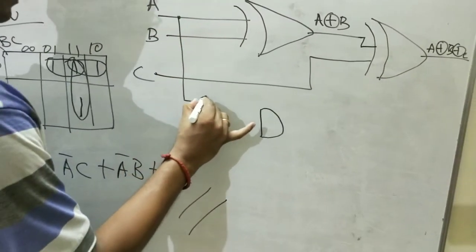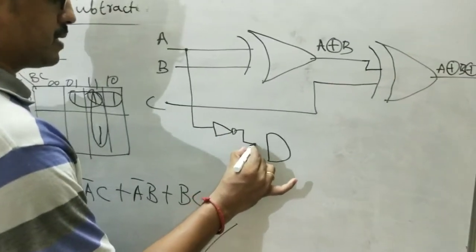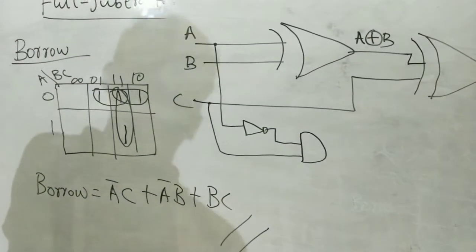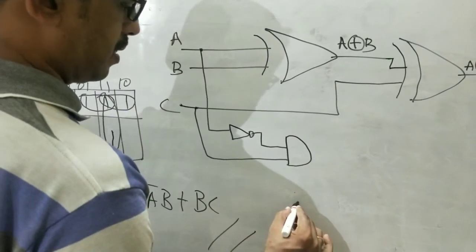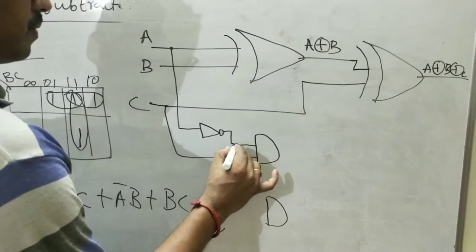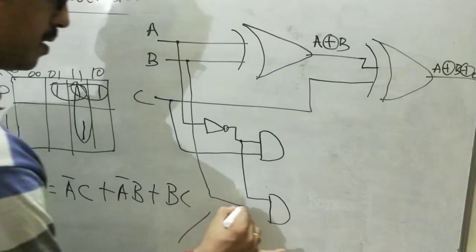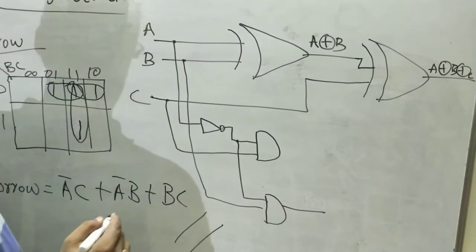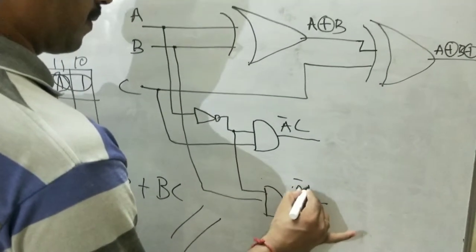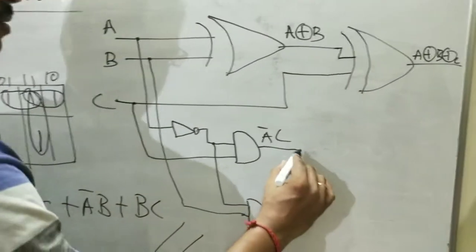A dash C, and then A dash B. So this is A dash C, A dash B. Then we need to OR it.